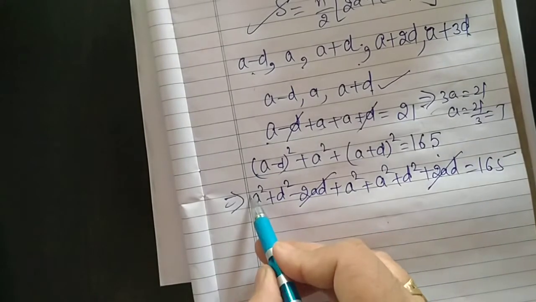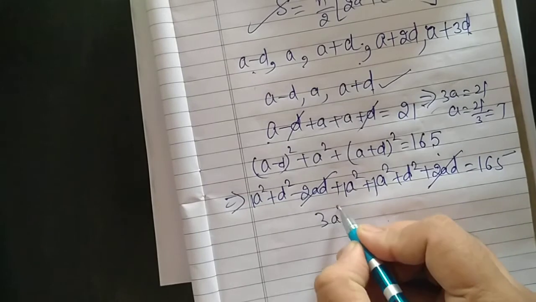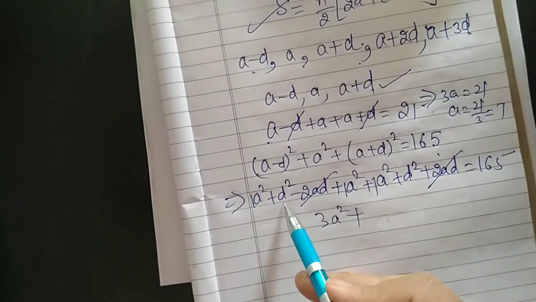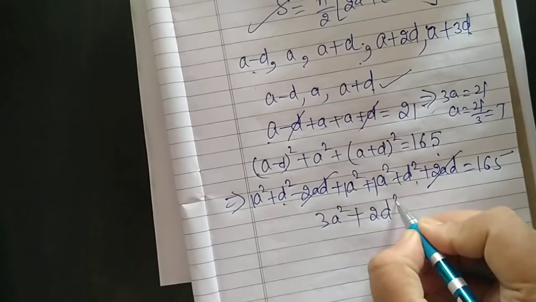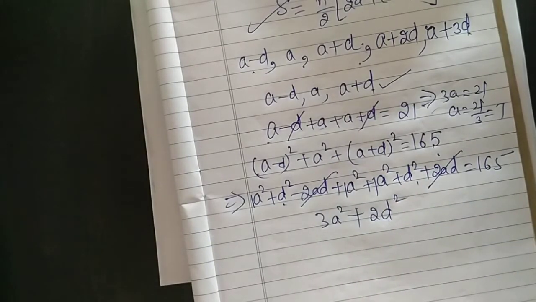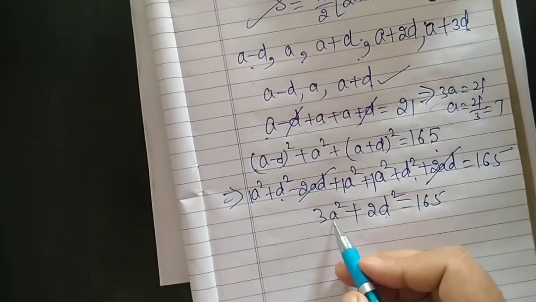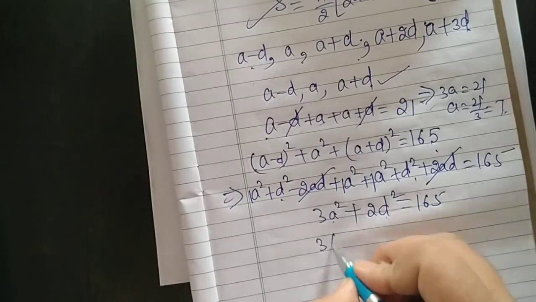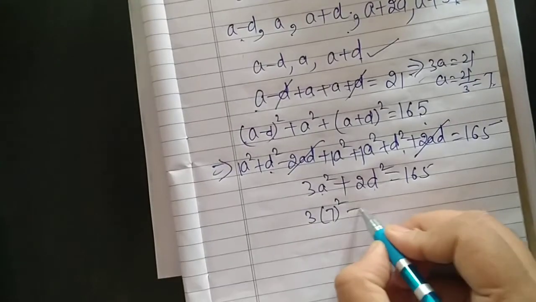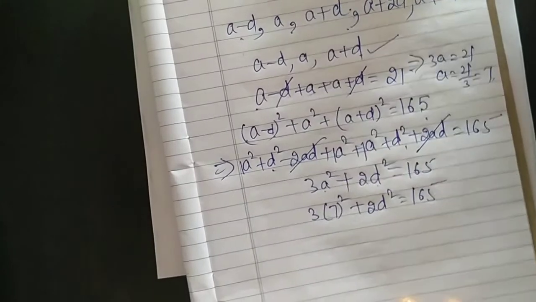So a squares are 1, 2, 3. 3a square plus 2d square is equal to 165. Put here the value of a, that is 7. 3 into 7 square plus 2d square is equal to 165.